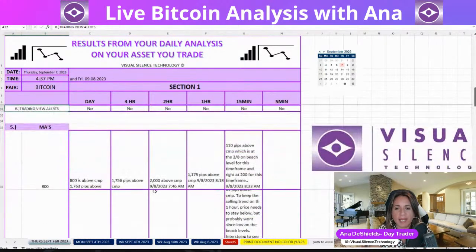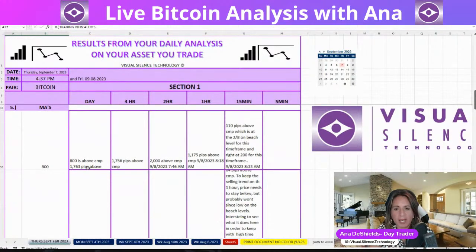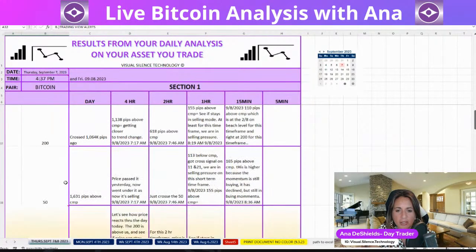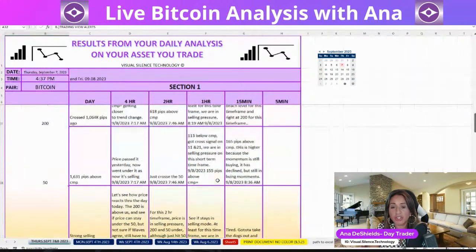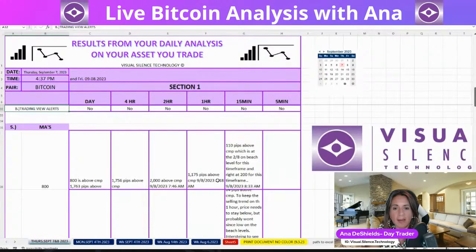And now down to the MAs, the moving averages. These are my moving averages that I use for my confluence: the 800, the 200, and the 50. And then the results from my bias and what I noticed. So for the moving averages, the 800 on the day. Now, this is really pretty good information, especially for Bitcoin. Capturing this data over a year or whatever, it's really great to go back and look at.